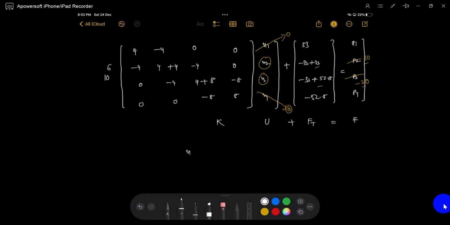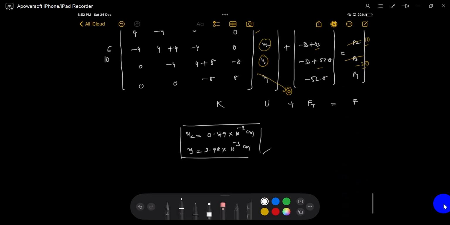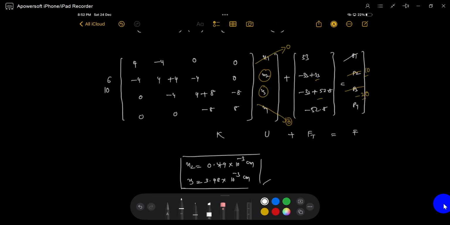So now U2 is 0.49 something, or 0.5, times 10 power minus 3 centimeters. U3 is 3.48 into 10 power minus 3 centimeters. Later you can solve for P1 and P4 also.